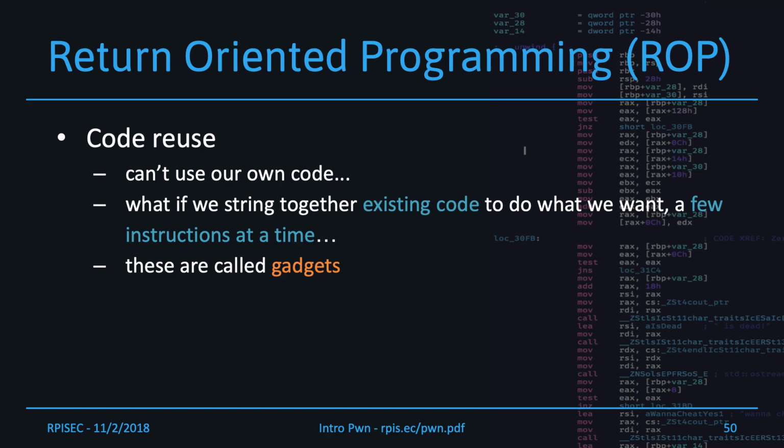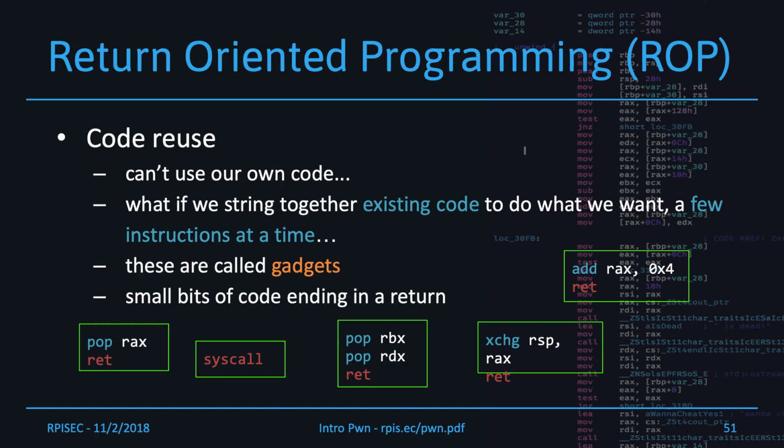Maybe you have a bunch of math libraries, whatever it is. There's a lot of code that's already mapped as executable, already written for you. So what if we can piece together bits of that code to form a larger program that can perform some tasks that we want? One example of this is return-oriented programming, or ROP.